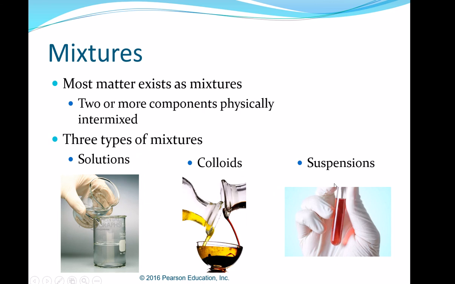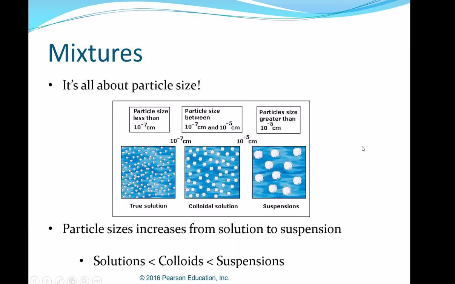If you were to, and you will actually in A&P II, centrifuge this blood, spin it out, all of the heavier stuff, all of the red blood cells and white blood cells will settle out to the bottom of this, leaving nothing but the fluid, the plasma, up here. And so suspensions have much larger particle sizes than colloids and solutions.